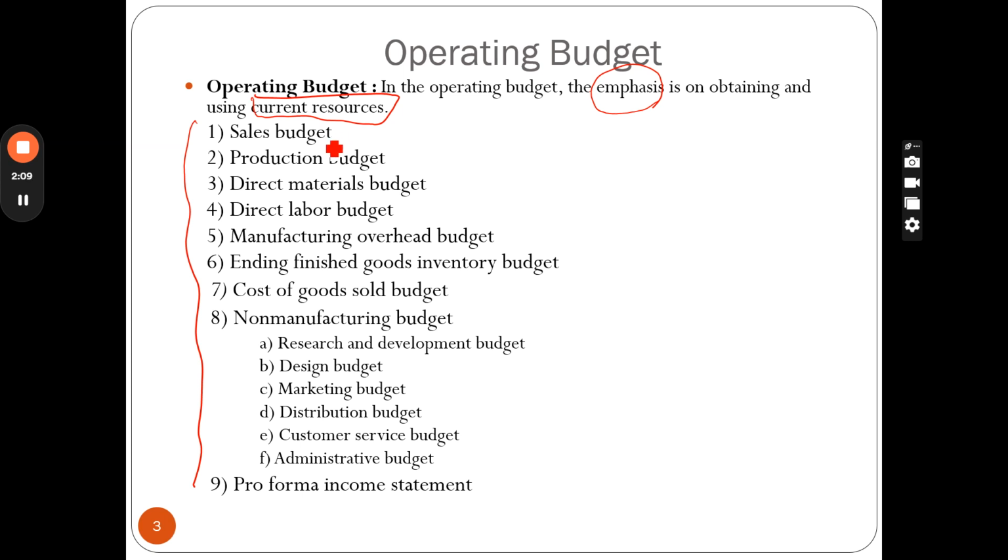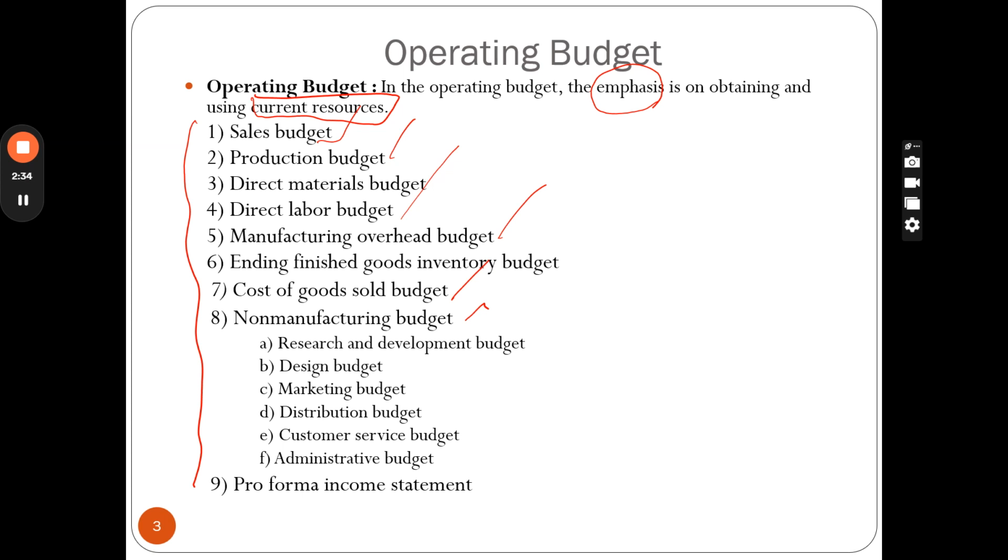You can see the sales budget, production budget, material, labor, manufacturing overhead budget, finished goods inventory budget, and finally the cost of goods sold budget, and also the non-manufacturing budget. Everything comes under the income statement, right? All these line items come under an income statement.